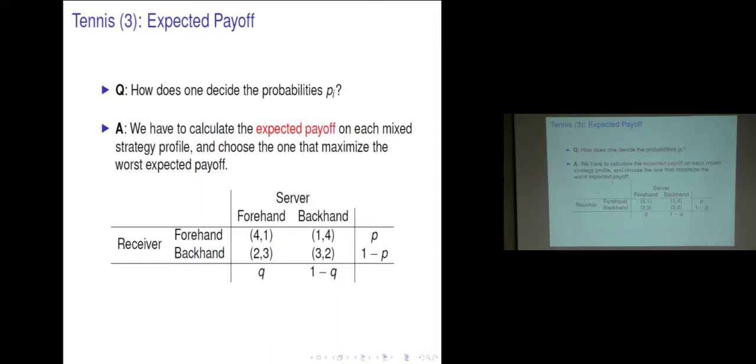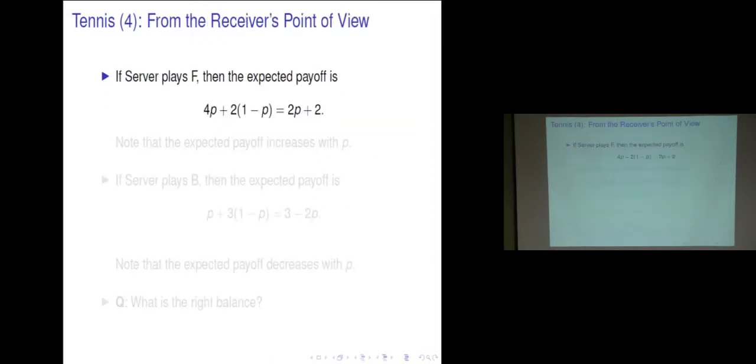For the server, player 2, she will use strategy 1 with probability Q, and strategy 2 with 1 minus Q. Now we have to calculate the so-called expected payoff.